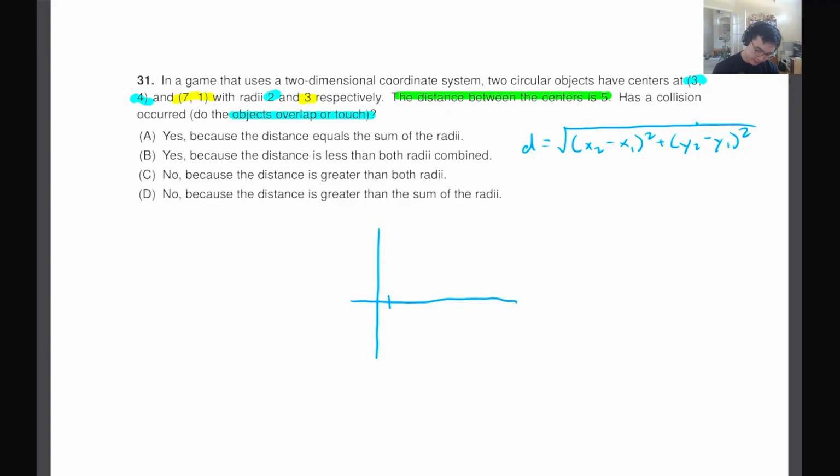So I have 2, 3, 4, 5, 6, 7, 8, 9, and 1, 2, 3, 4, 5, 6. So I have 2 points, one at 3, 4 as circle 1 with a center at 3, 4. And we have 7, 1. Okay.